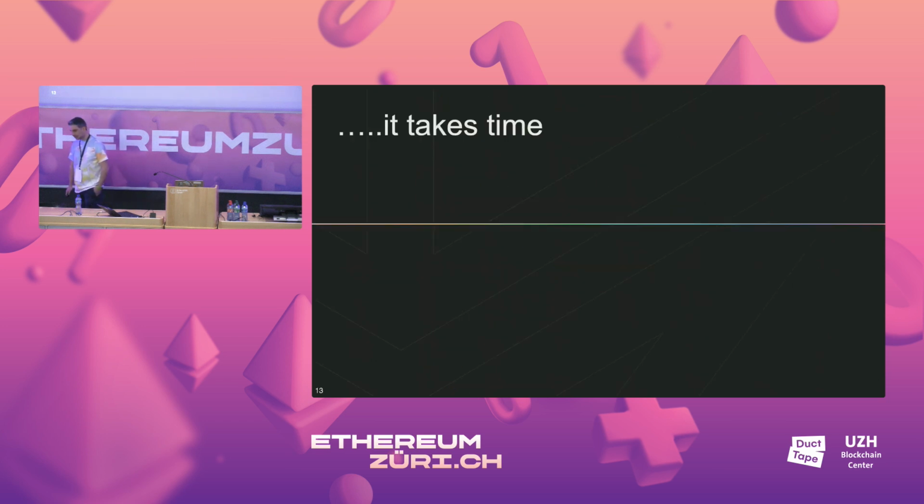Now, the bad news is that when you try to replace this stuff, it takes time. It's not immediate, so we need to act in time. As I said, the internet's cryptography is also going to be broken by quantum computers. Indeed, NIST, the American institute behind the cryptography of the United States, announced a call for proposals for post-quantum cryptography already in 2016.